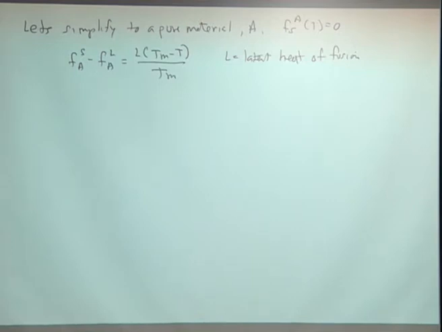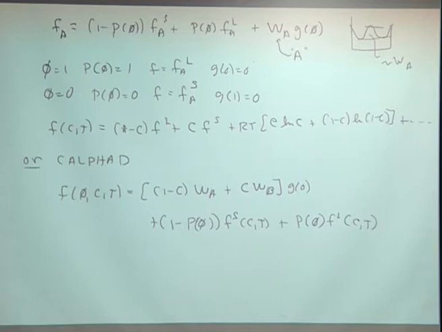And so what that means is that you have this extra term in the free energy functions. Let me go back. So if you look at this picture here, for the free energy of the pure component, we're going to have a double well.